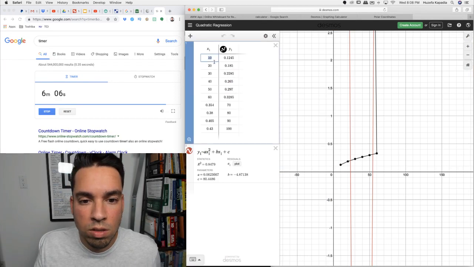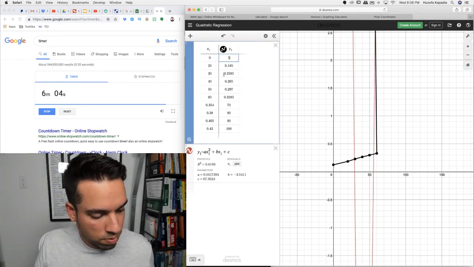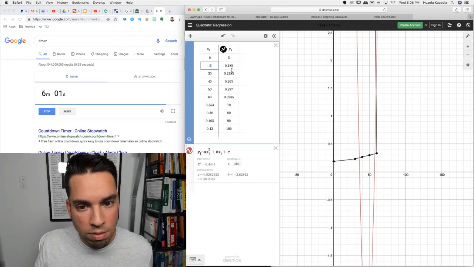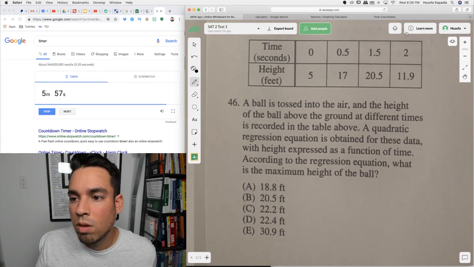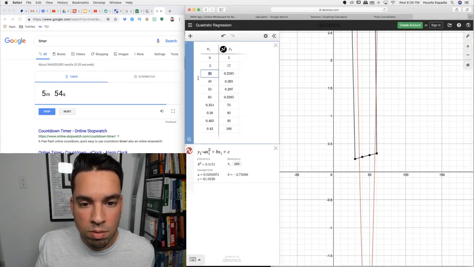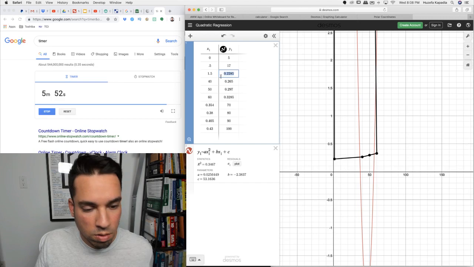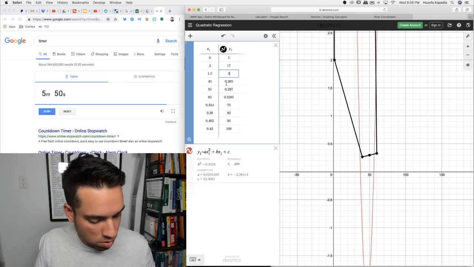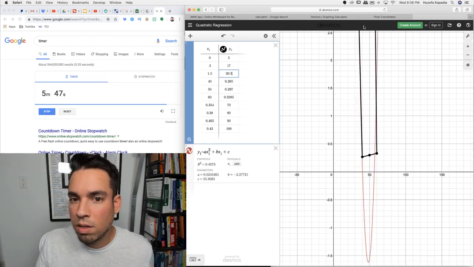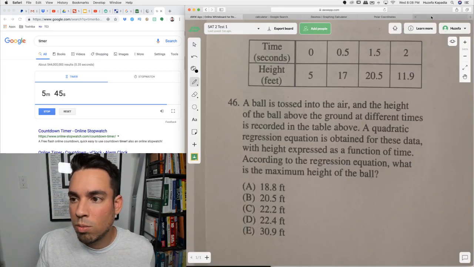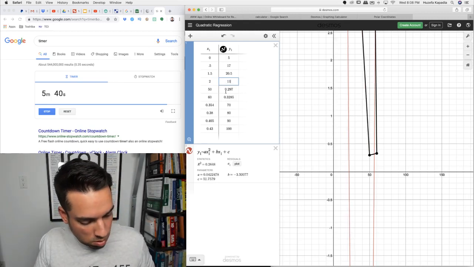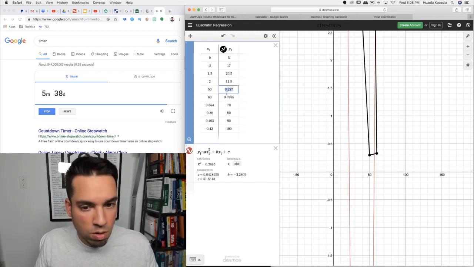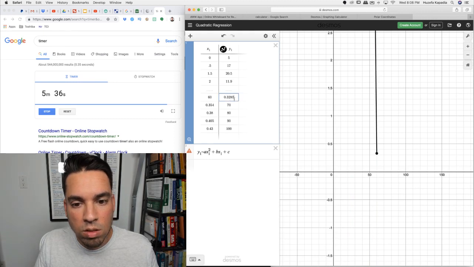So we've got 0, 5.517. 1.5, 20.5. And 2, 11.9. And then the rest of these I don't want. I don't know how to get rid of them like this.